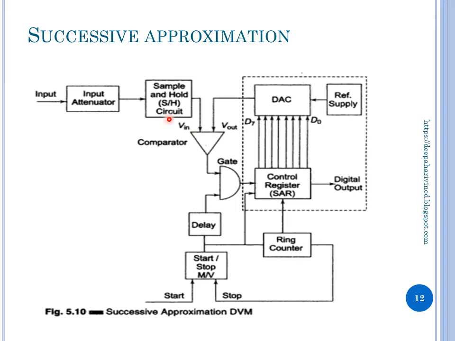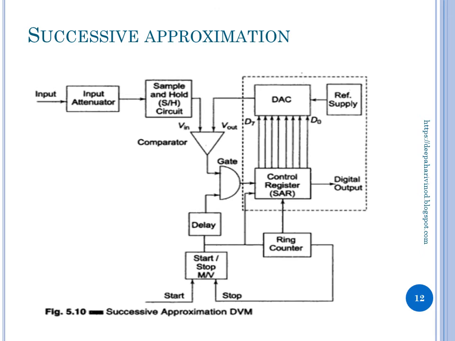If Vout is greater than Vin, the comparator output will be negative and the control circuit resets this set bit, and if Vin is greater than Vout, the comparator output will be positive and the control circuit keeps the D7 set. These are the two different conditions.